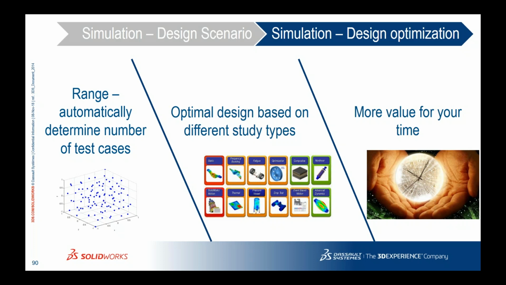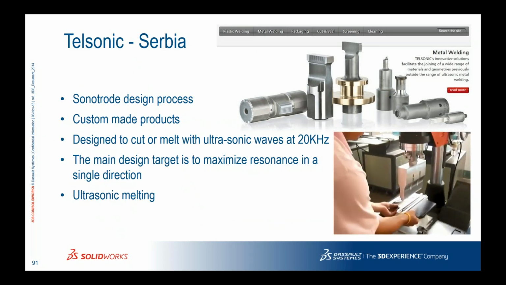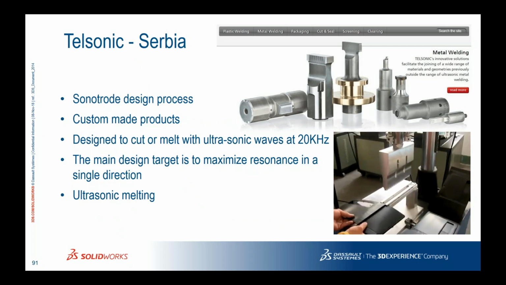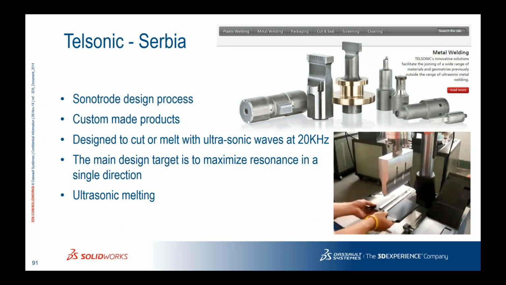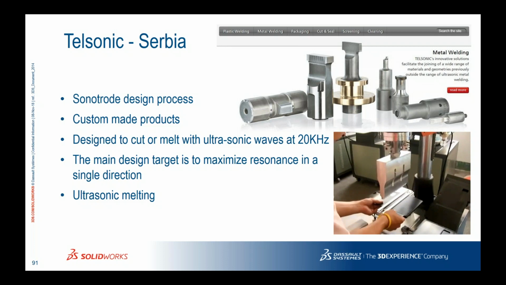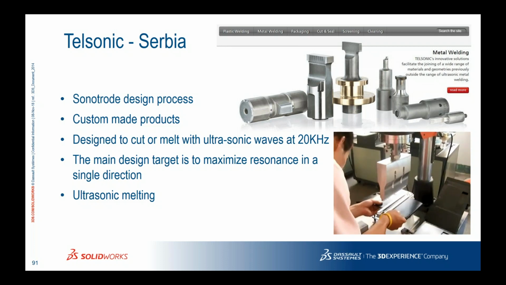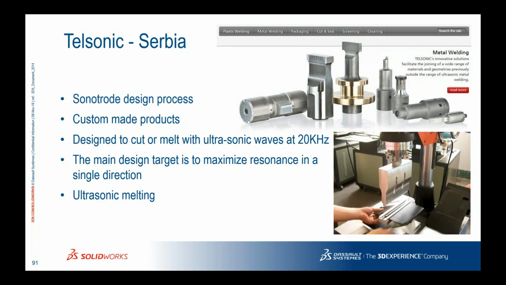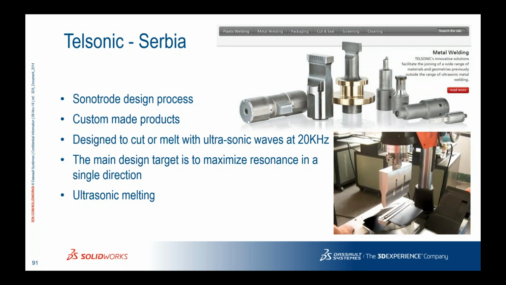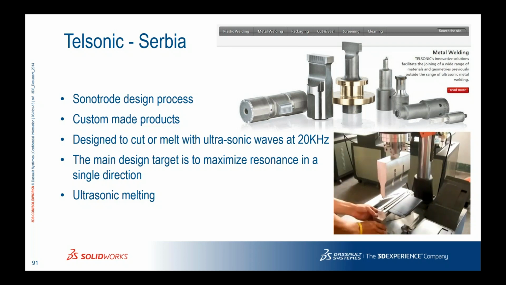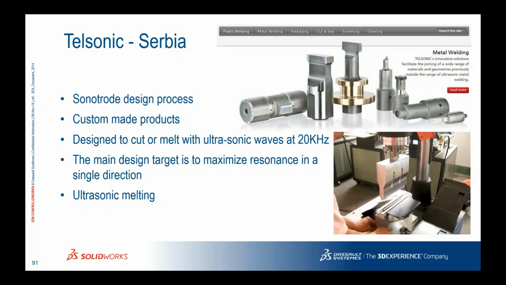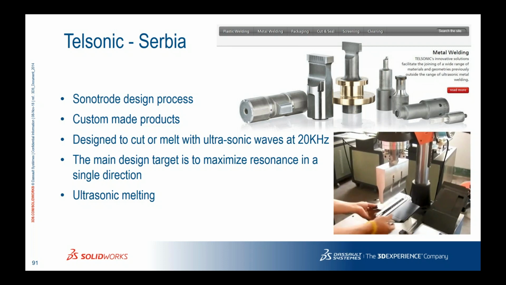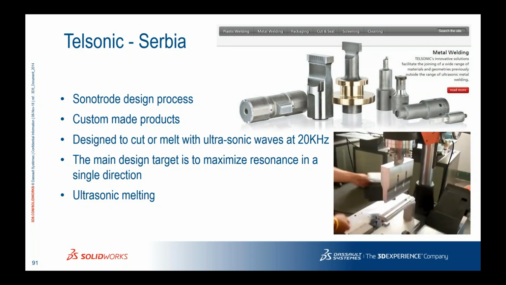Let's talk about this customer. It's in Serbia. It's Telsonic. I visited them some years ago, and also just some months ago, about vibration analysis. They are designing sonotrodes, a special equipment to cut very precise rubber or plastics and so on. And they are designed to cut at a specific frequency.